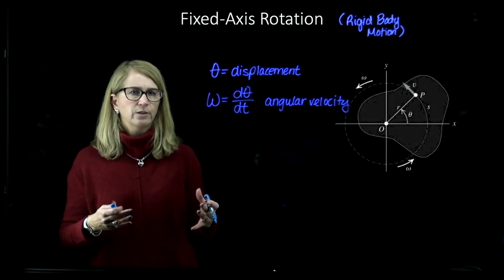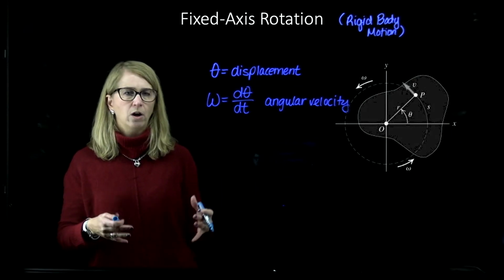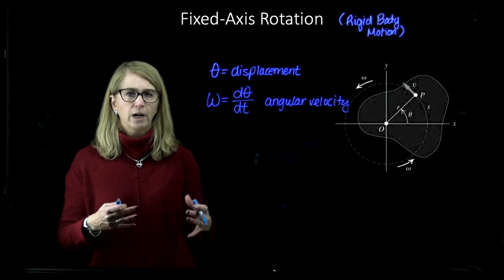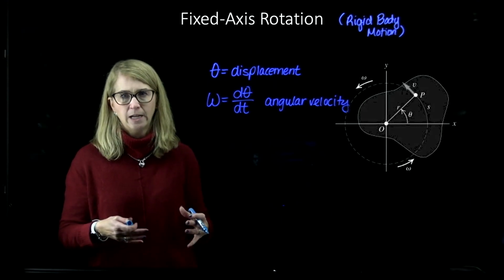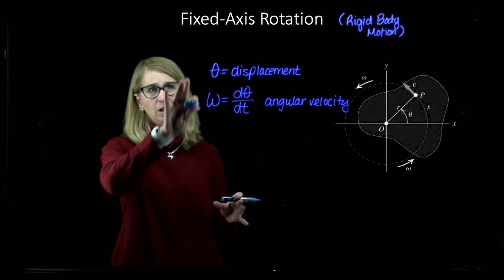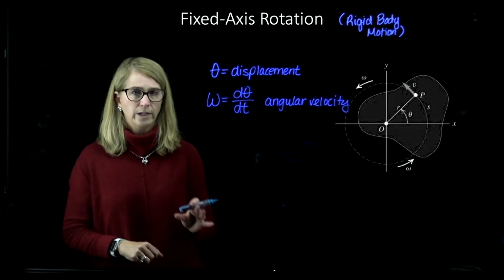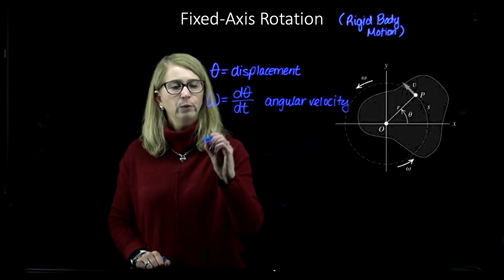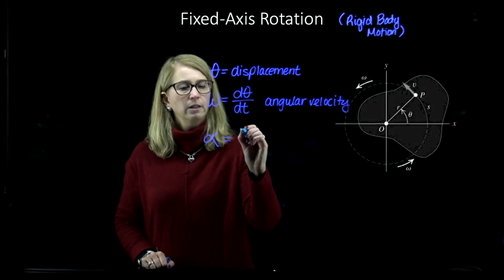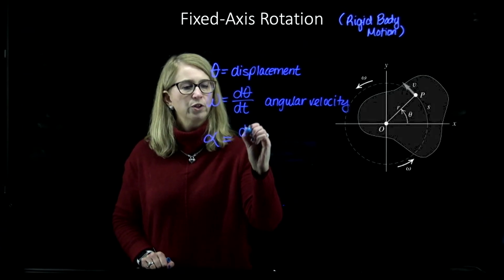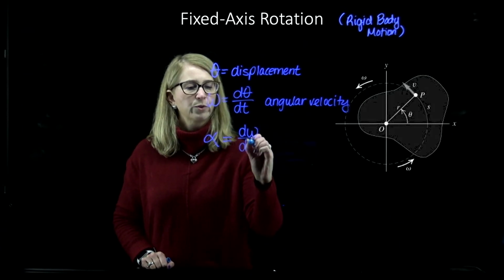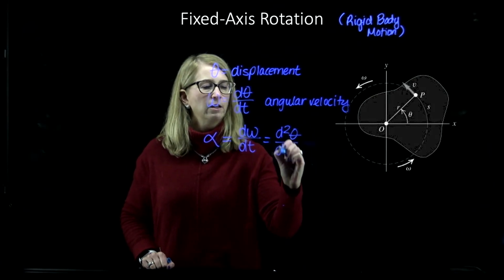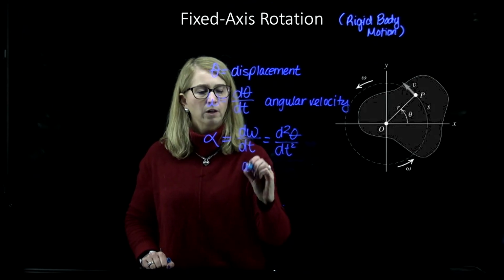Now, it turns out that omega is a vector, and we are going to have to find a better way to talk about the direction of omega, but we'll do that in class. In any case, these are our two quantities that we're defining, and so then finally, we want to talk about angular acceleration, which is going to be the derivative of omega with respect to t, which is also going to be the second derivative of theta with respect to t.